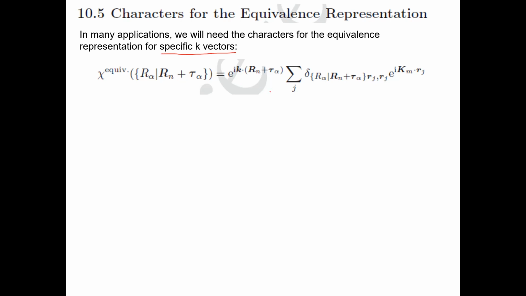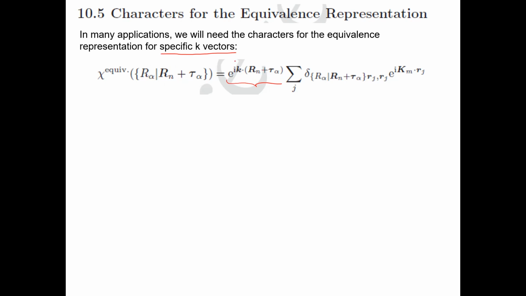So this looks like a complicated definition, but it's actually very simple. You have an overall phase factor here. So it's specific to a given K that I'm interested in, and for a given symmetry operation, right? So that combines a translation with a rotation.